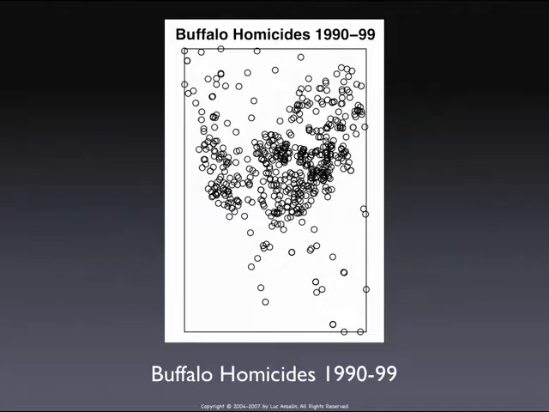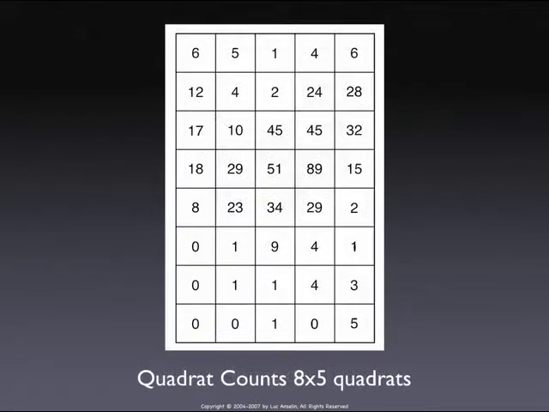Obviously, just from looking at this, we're more interested in clustering because of this bunching in the middle. So how do we do this? We put a bunch of squares over here, and count in each of the squares how many points we have. So we have 40 squares, 8 vertically and 5 horizontally, and in each of these we count the number of events, so 6, 5, 1, and so on.